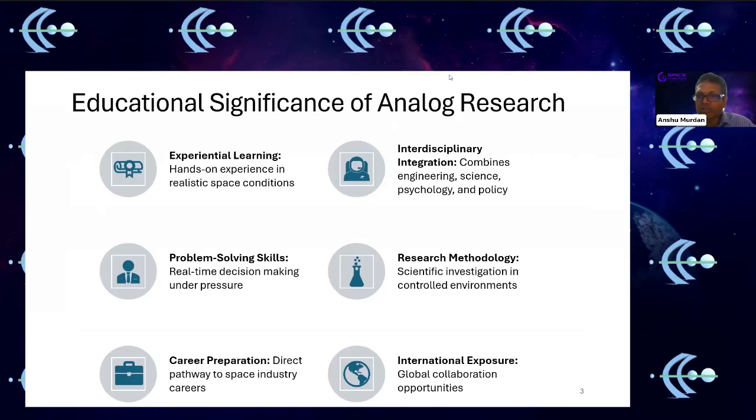So what is the educational significance of analog research? We have experiential learning, that is hands-on. We have interdisciplinary integration: engineering, science, psychology, policy. This promotes systems thinking and cross-sector collaboration.